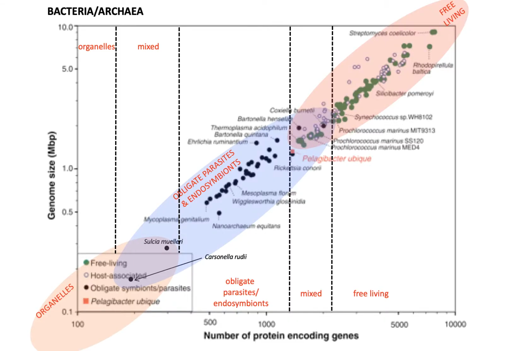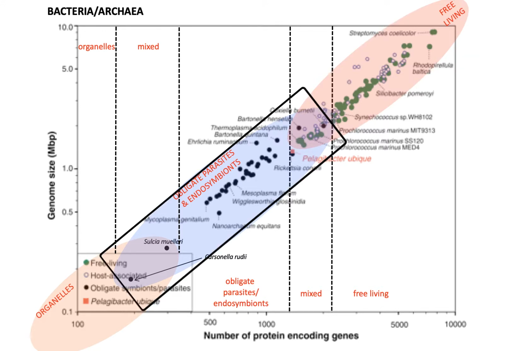In the last few presentations I had shown this diagram, and it shows this relationship between free-living organisms that have large amounts of DNA and large numbers of genes, usually at least 1,500 protein encoding genes, and at least about a 1 to 1.2 megabase genome, going down into the endosymbionts and parasites, which tend to lose their genes because they don't need them anymore, so they mutate little by little and eventually disappear.